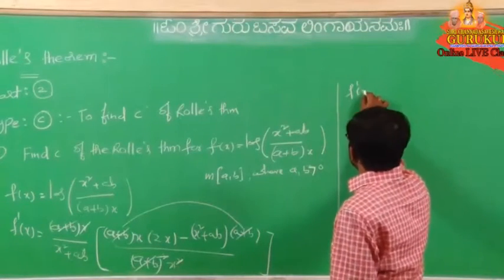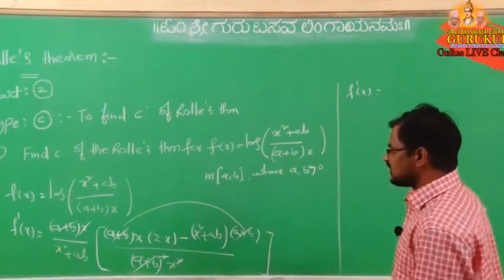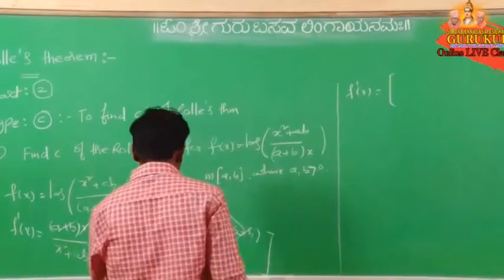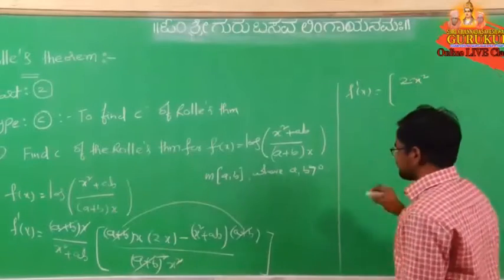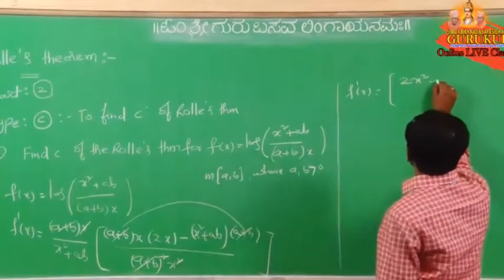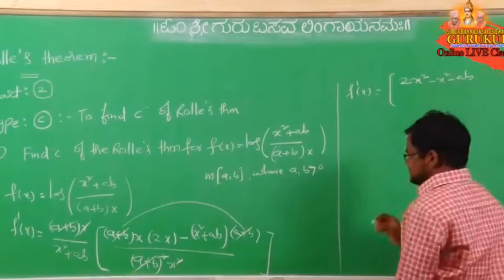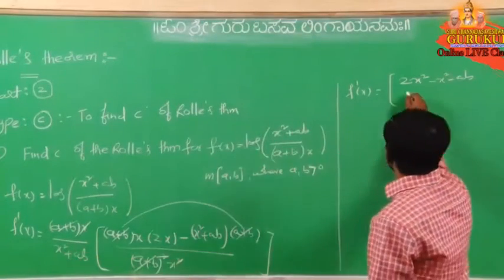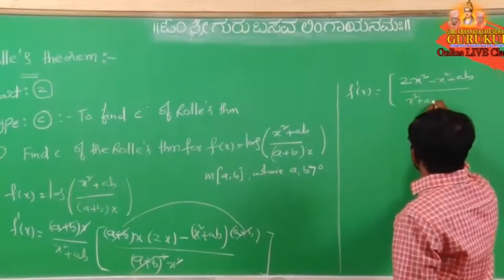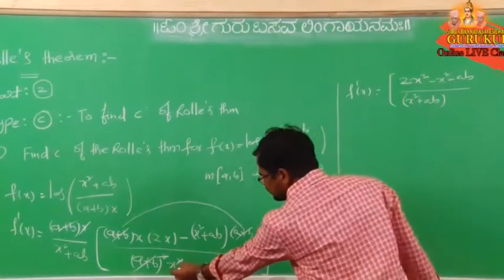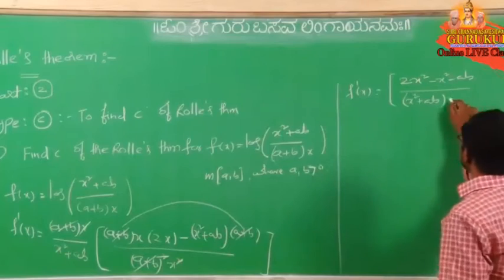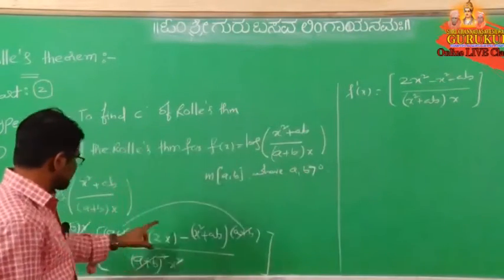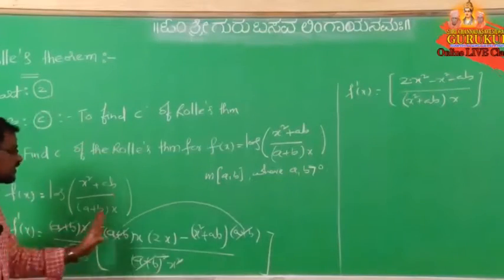F dash of x equal to 2x square minus x square minus ab, whole divided by (x square plus ab) into one more x remaining, that is x I am writing. Once again, a plus b, here (a plus b) whole square, one x gets canceled, and the remaining I have written like this.